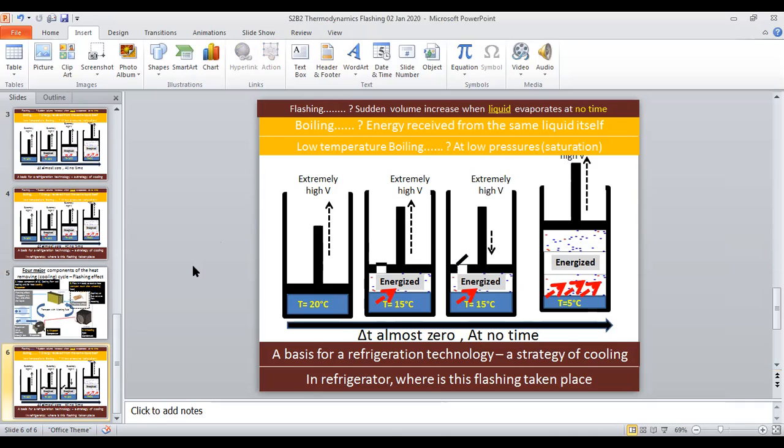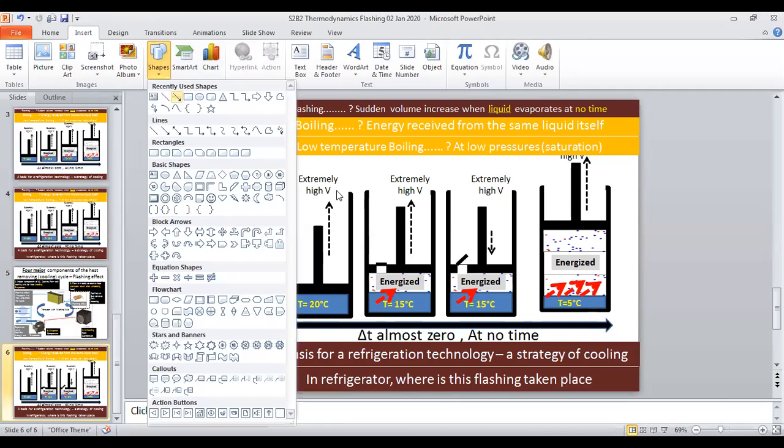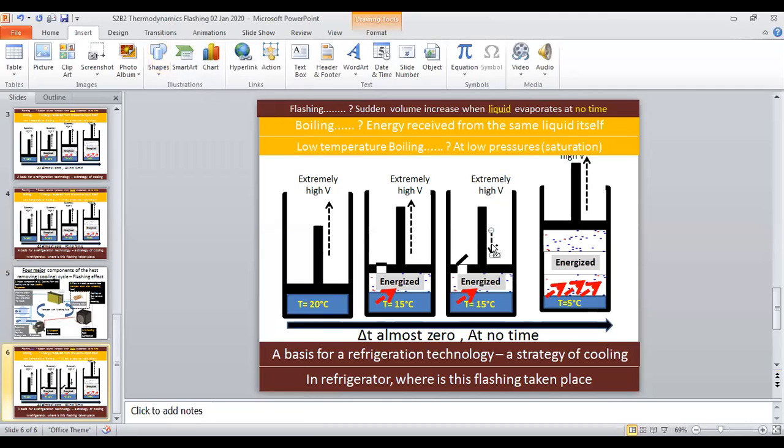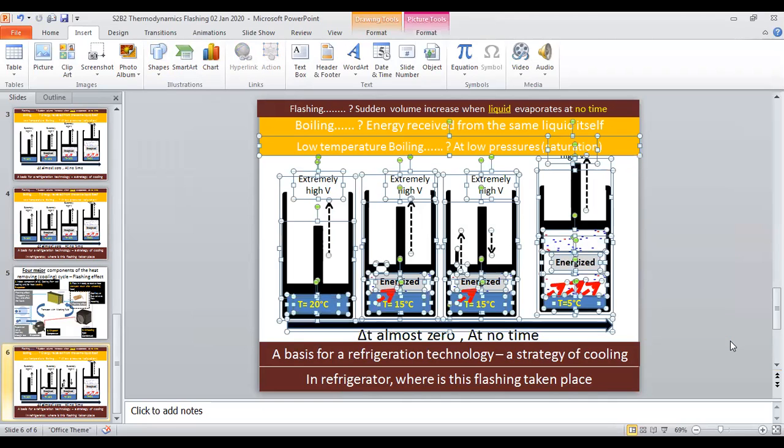Now this is moving down. Then what will happen is, let's say this opens a bit for convenience, the vapor escapes.